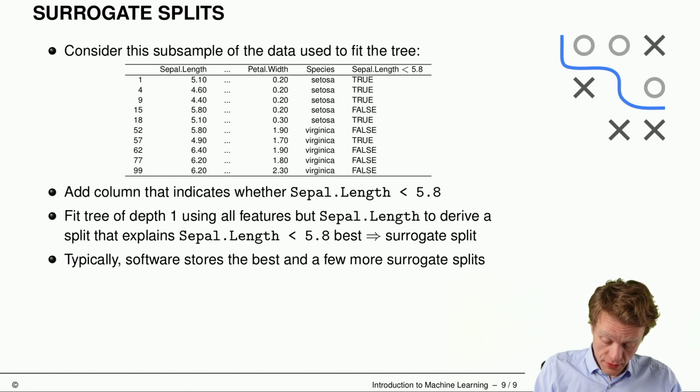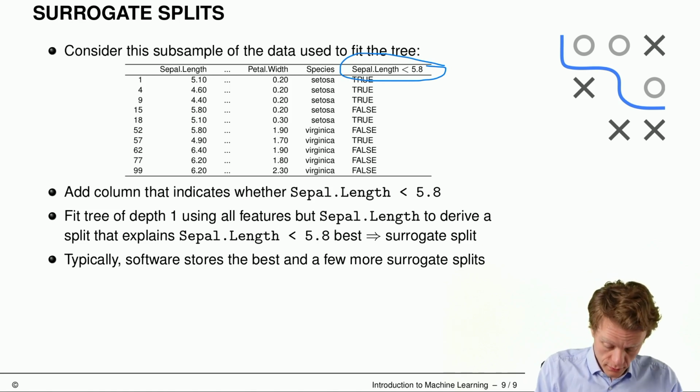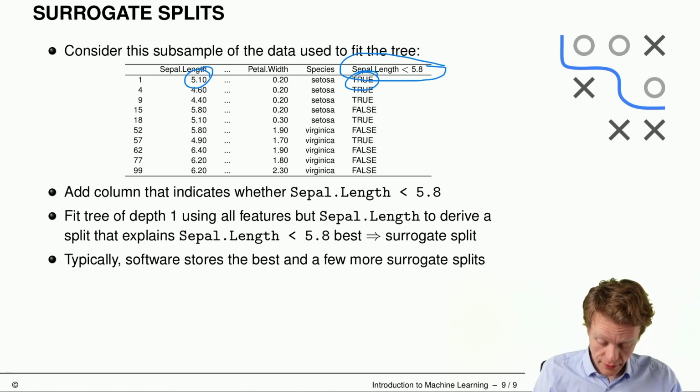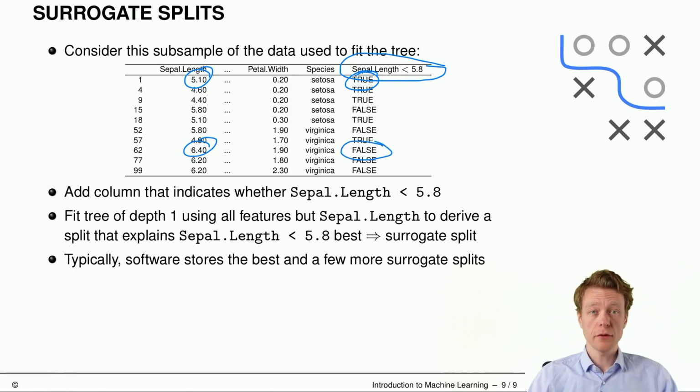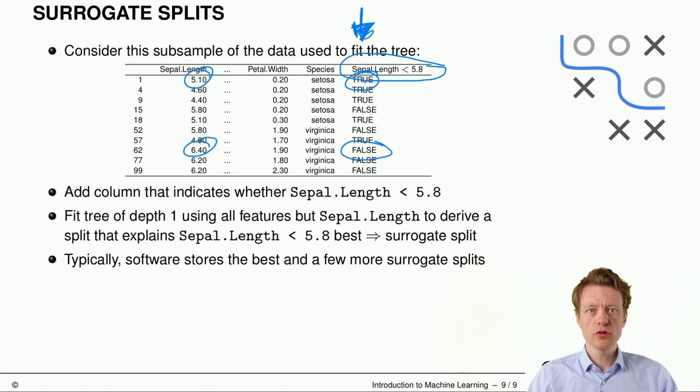We add a new column to this data set, which tells us if the sepal length is smaller than 5.8 or not. So 5.1 is smaller than 5.8, so that's true, but 6.4 is larger than 5.8, so this is false. So what we create here is a new target column. Okay, this column is the new target which we try to predict with a classification tree stump.